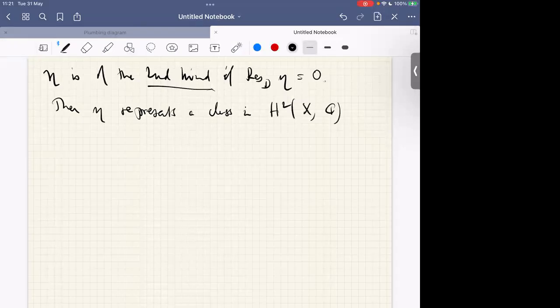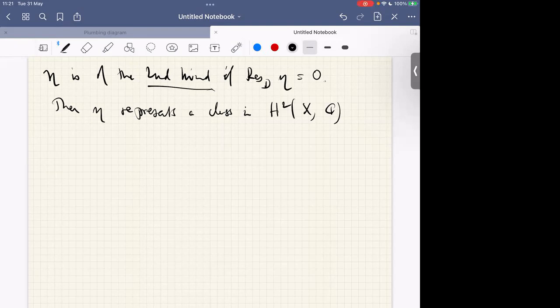In other words, eta represents a class in the cohomology of X minus D, and the residue is the obstruction to lifting the class in the cohomology of the open surface to a class in the cohomology of the whole of X.